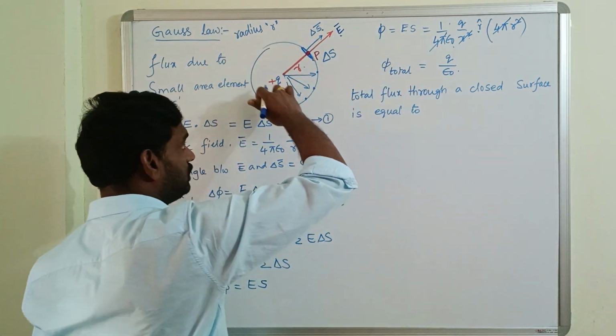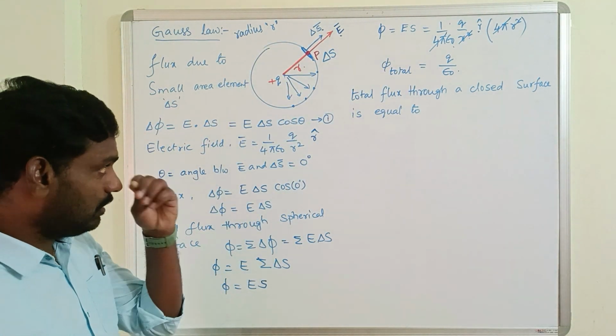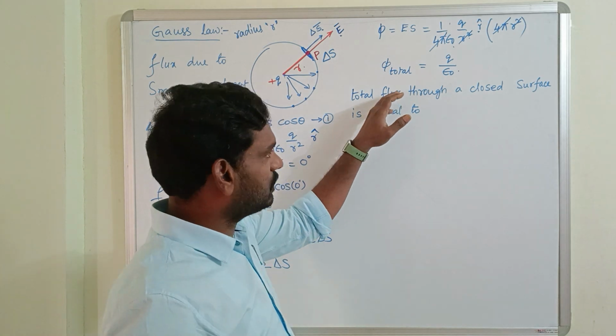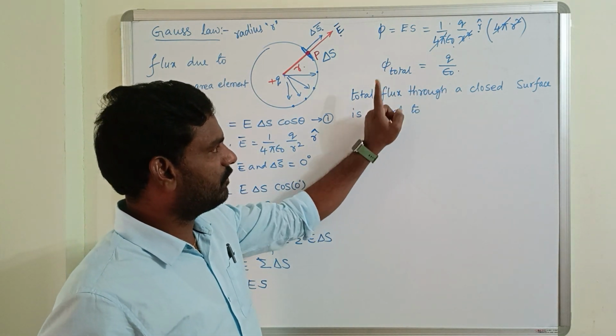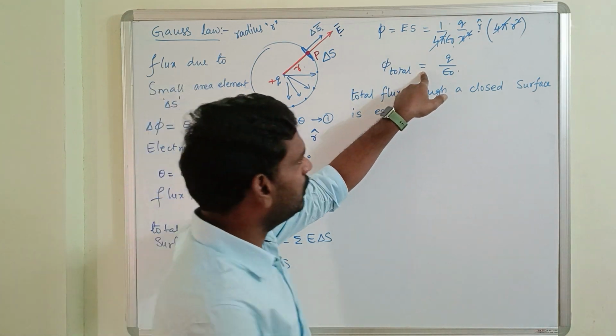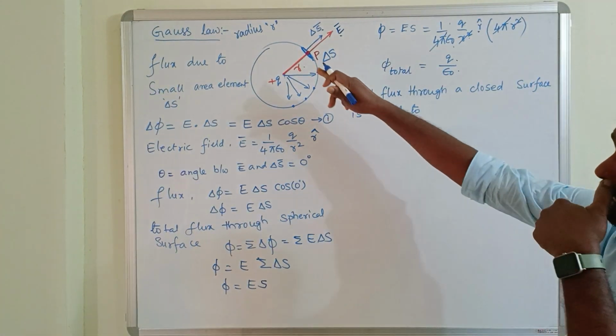We have taken a spherical shell. In order to find the flux, we need to take the closed surface. Total flux through a closed surface, left hand side, is equal to the charge enclosed.